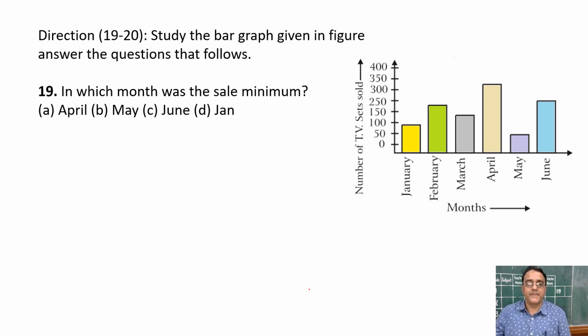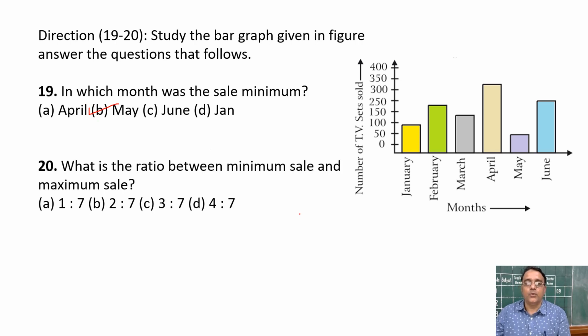19 to 20. Study the bar graph given in figure. Answer the question that follows. In which month was the sale minimum? May. May. Right. The correct option is B. Next question. What is the ratio between minimum sale and maximum sale? So what is the minimum sale? May.